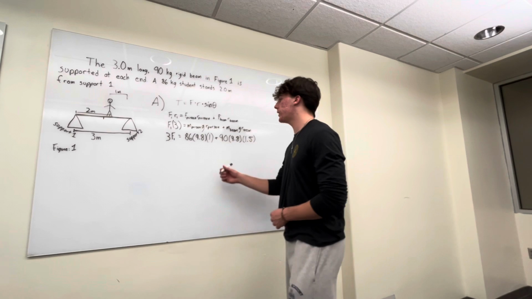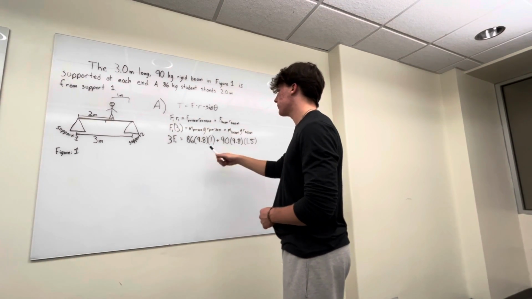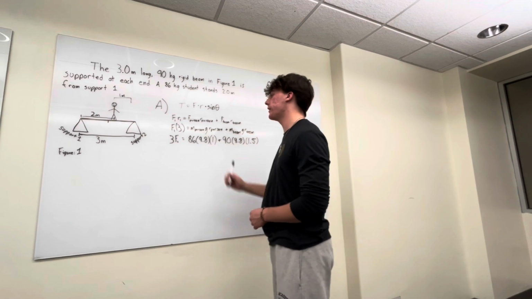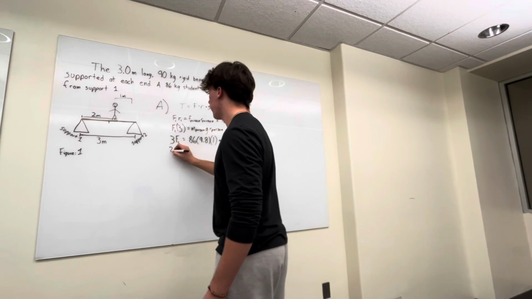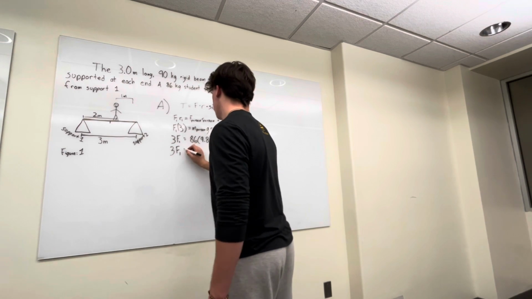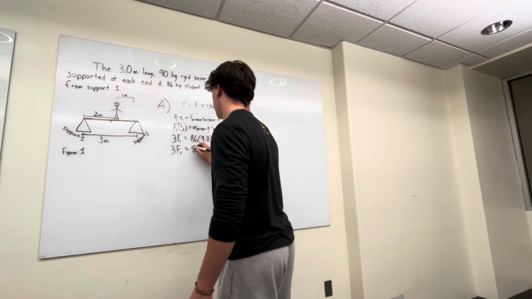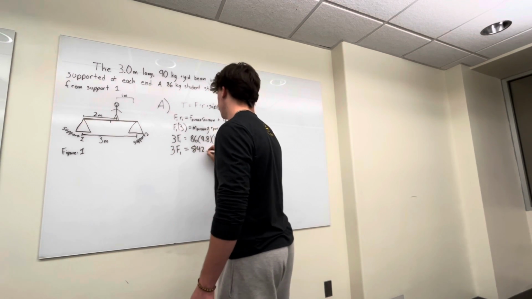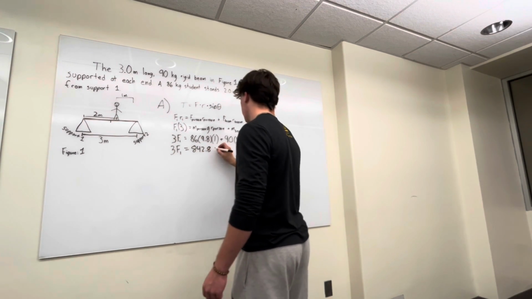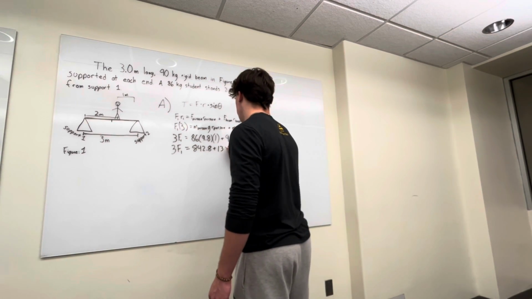Okay, so now we can use our calculator to narrow this down to find what the force is. So 3 times the force of support 1 is going to be equal to 842.8 plus 1,323.